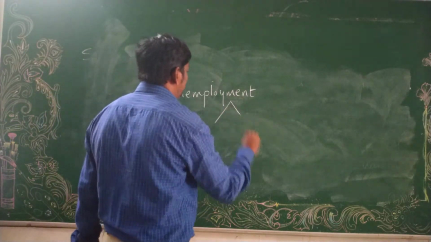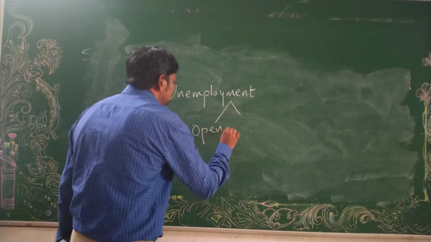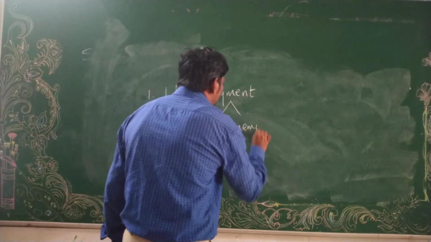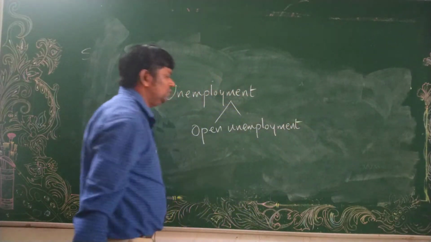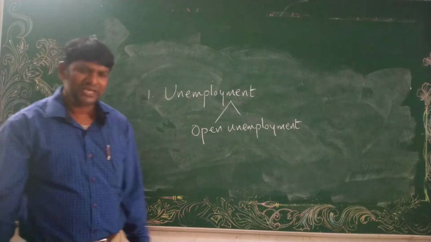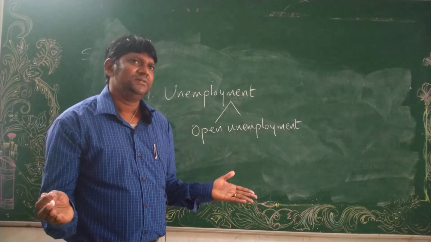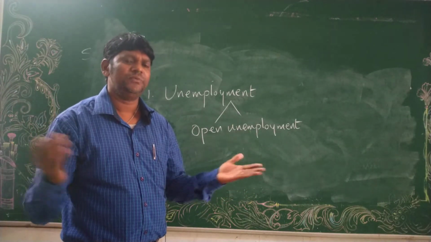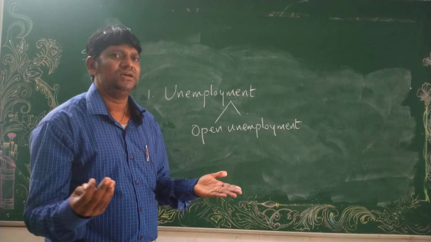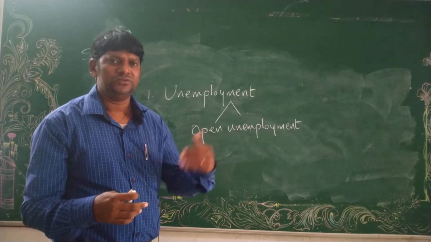Let's see the types of unemployment. Open unemployment. What is open unemployment? Suppose I have finished my qualification and have certificates, but I don't find a job, and I have to contact various persons, giving my biodata and resumes or asking them to find a job for me.